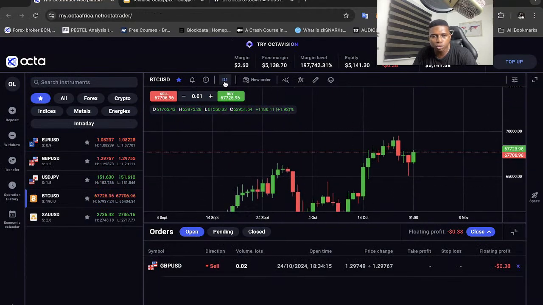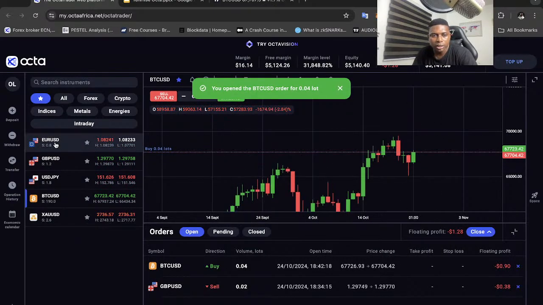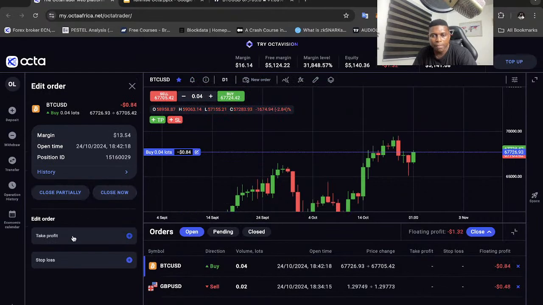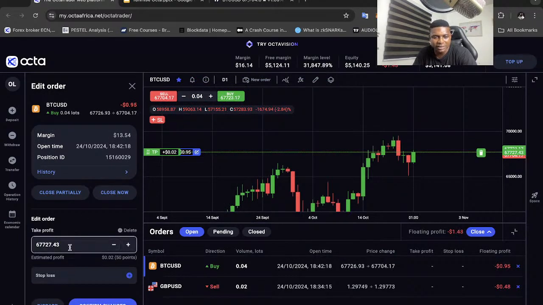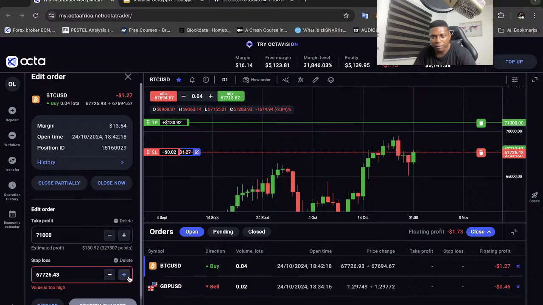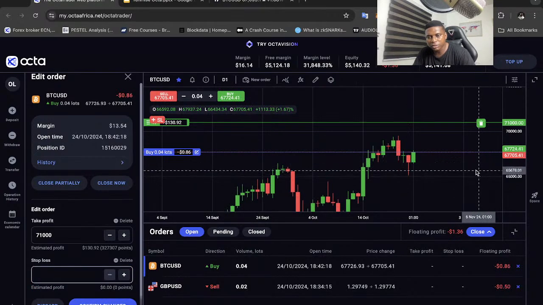I'm going to place a buy on BTC, and I'm going to target 71,000 as my take profit level, and then my stop loss level would be... let me just do, wait.